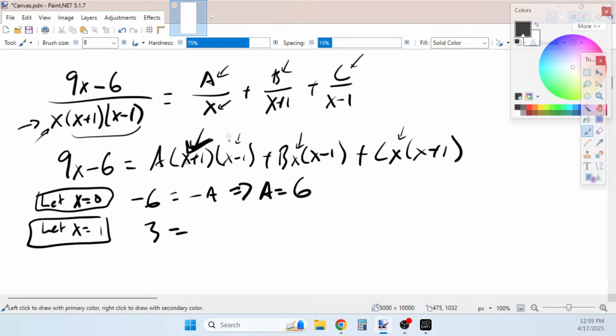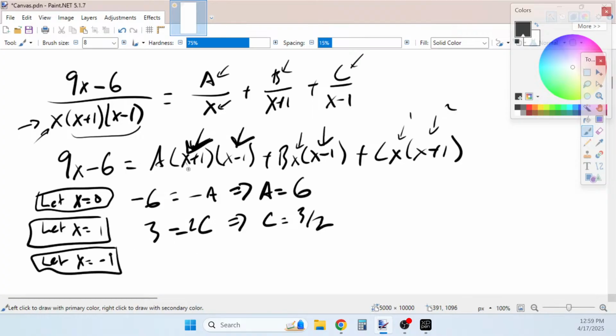This turns into this, so does that. That leaves 3 equal halves. And if we let x equal negative 1, we'll be able to find, on the left we get negative 9 minus. On the right side, we get that equals 0.